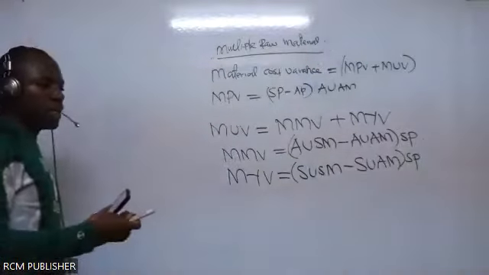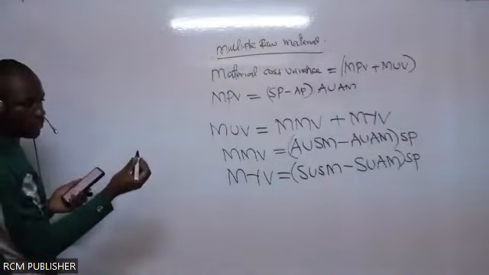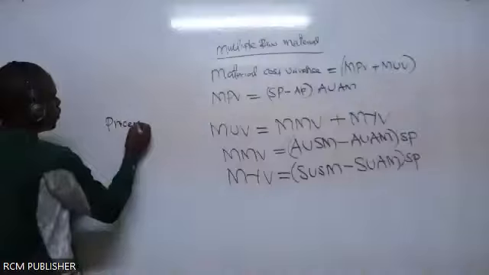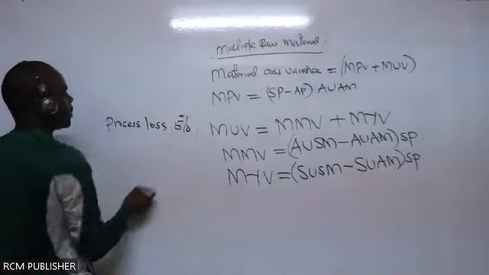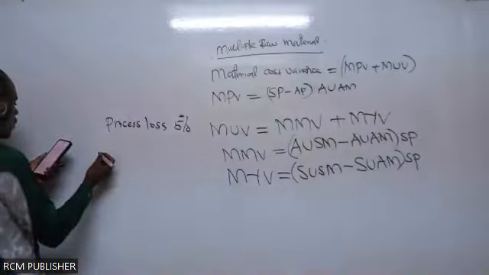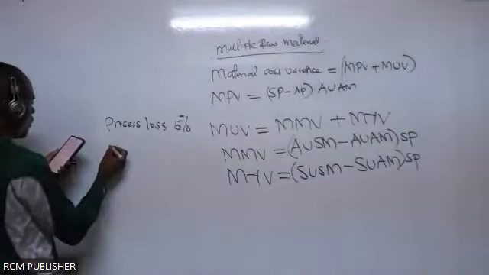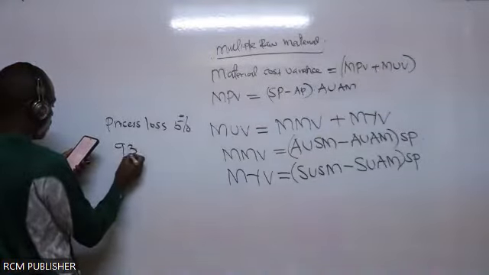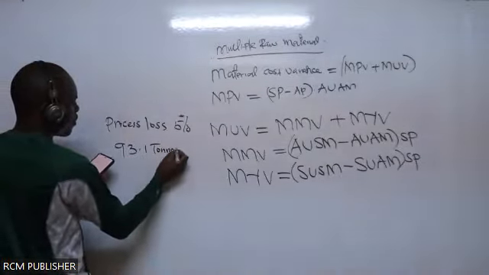So before even you calculate anything, we are being told that a standard process loss, so we have a process loss of what percent? 5%. Now, this is my question. What does 93.1 tons represent?